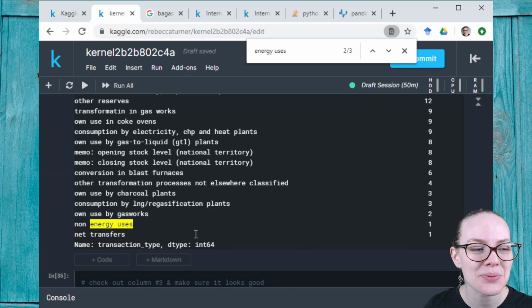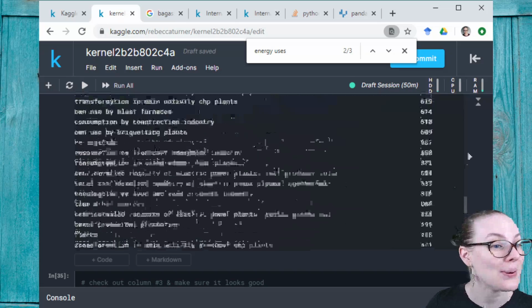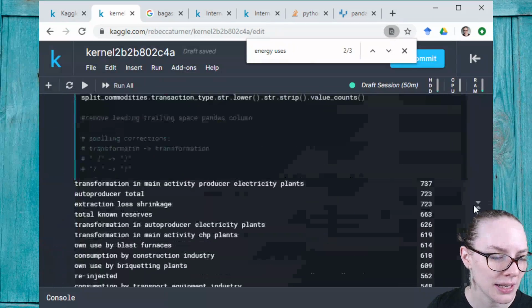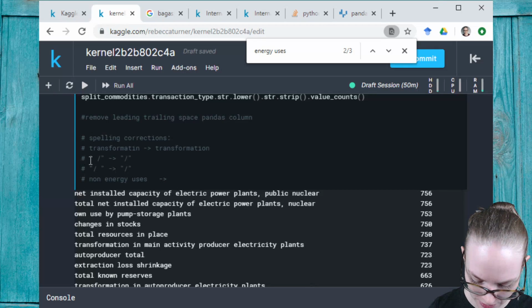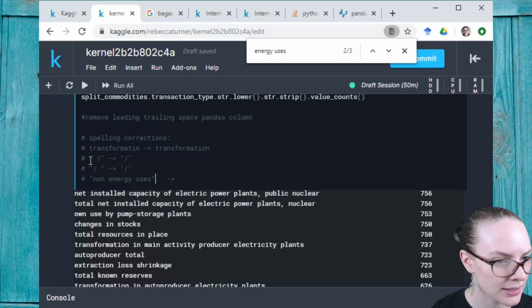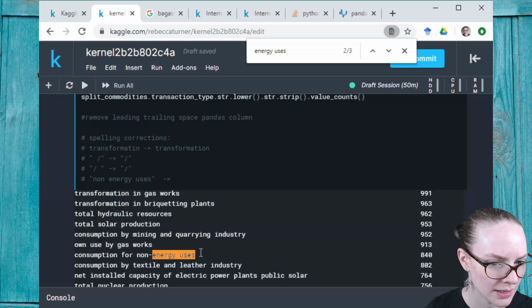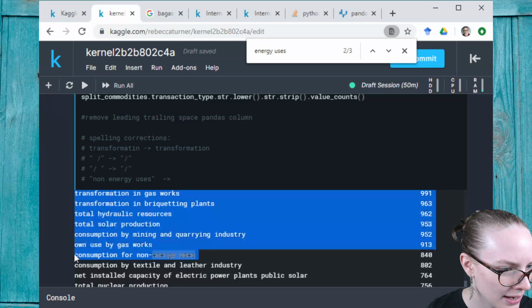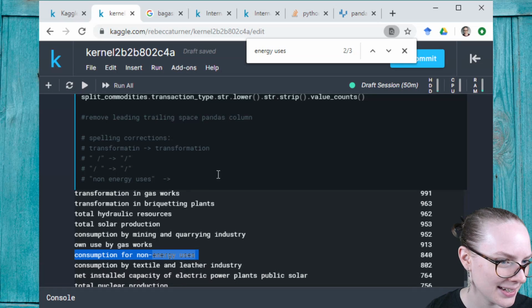There's one of it though, so I'm guessing actually probably that is a typo. So let's go through and do that one. So this guy is gonna go through and join its 840 friends.